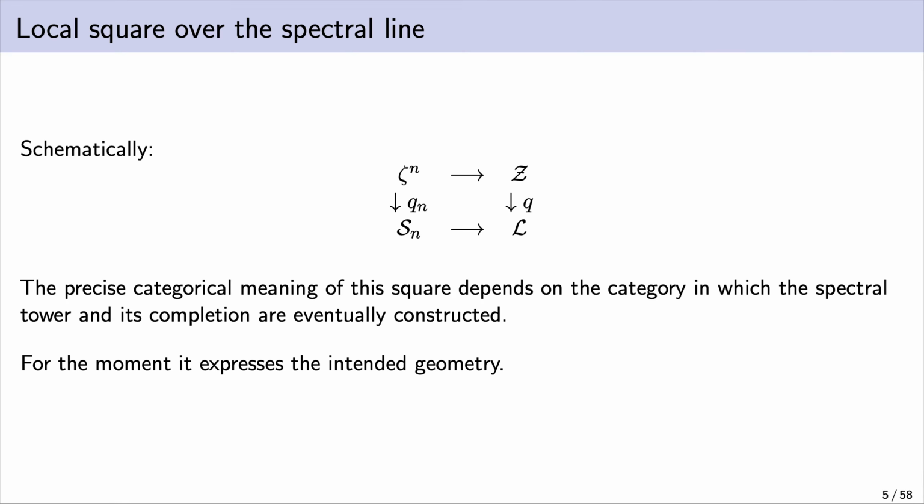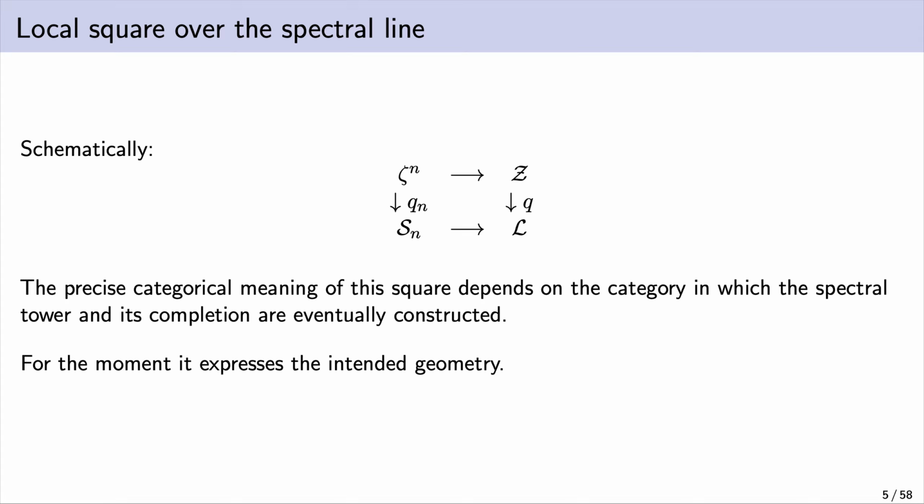So we can look at a commutative diagram here, which is the local square over the spectral line. We have this zeta of n as a fibration over Sn.